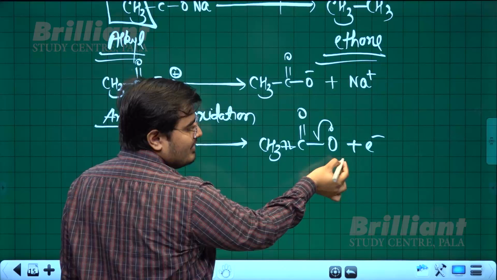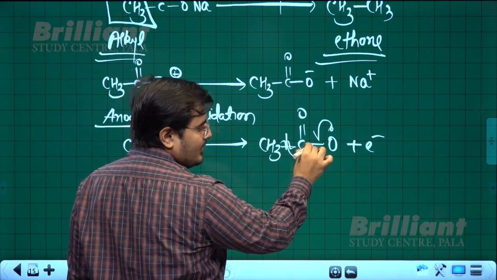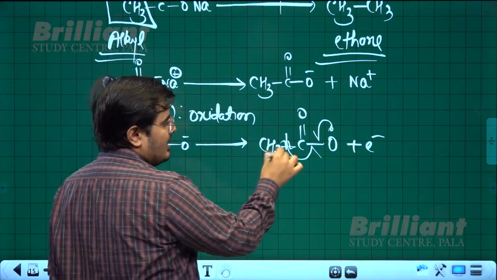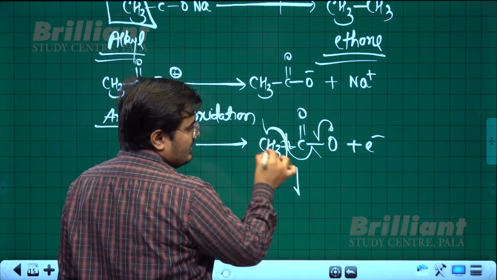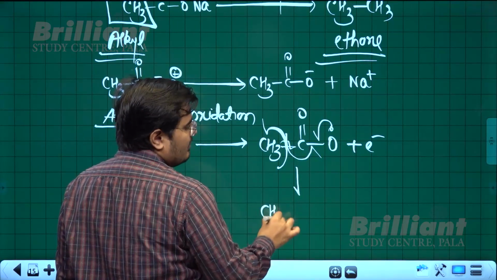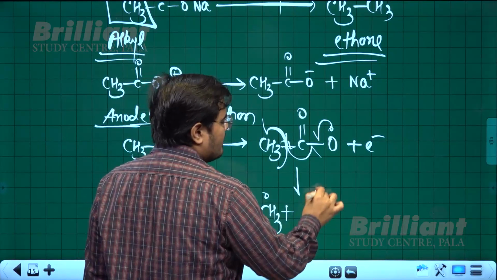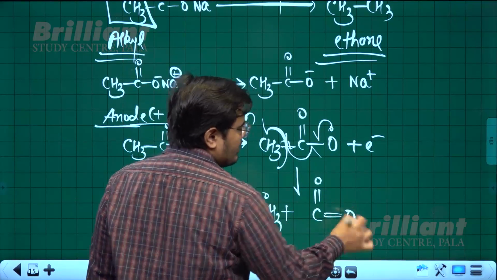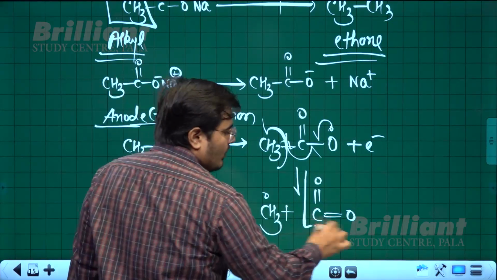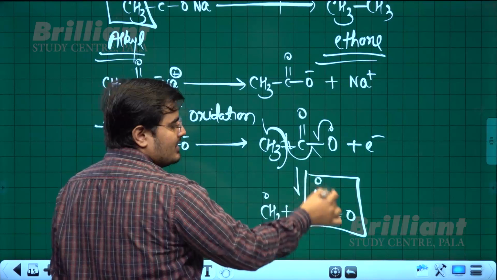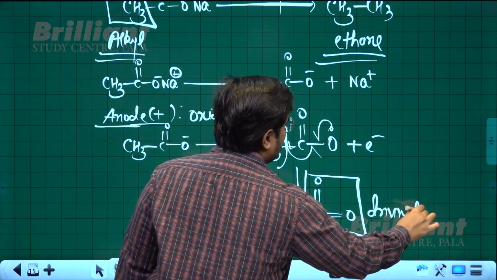So to make a bond with that oxygen, it will take away this electron and share it with oxygen, and ask the alkyl part to go away. If this bond is cleaved homolytically, you will create a CH3 radical, plus it will result in the formation of CO2. So you can say this reaction happens because CO2 leaving is the driving force.